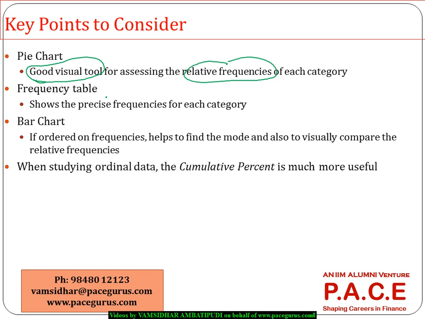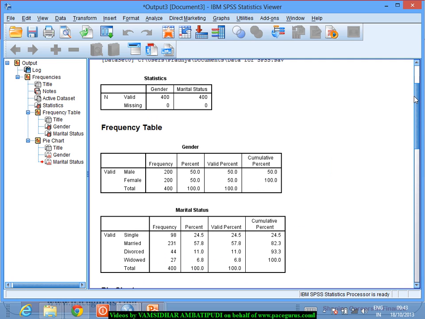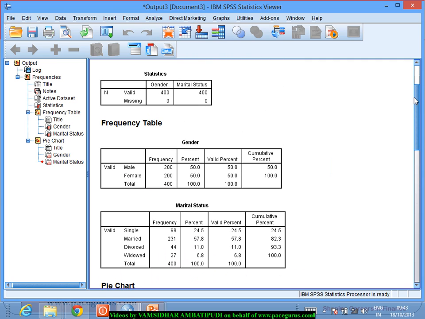We can also have a look at the frequency table. This is what we call the frequency tables. Here, if we see, there is a separate frequency table for gender, and a separate frequency table for marital status.